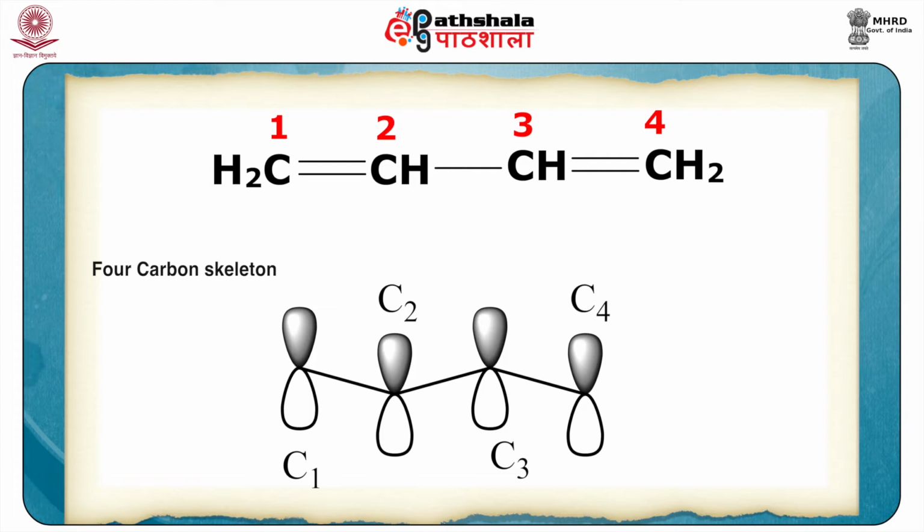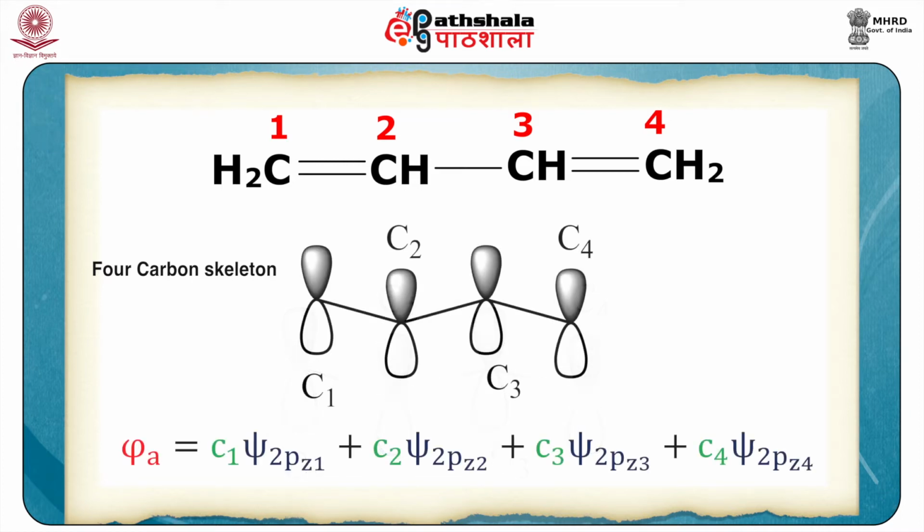Now, the first thing which we have to do in HMO, as you all know, is to approximate the molecular orbital. So for this molecule, the molecular orbital can be assumed to be written in the following form: phi A equals C1 psi 2pz1 plus C2 psi 2pz2 plus C3 psi 2pz3 plus C4 psi 2pz4.